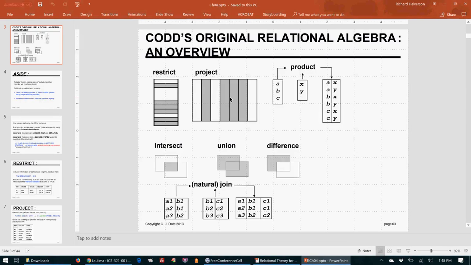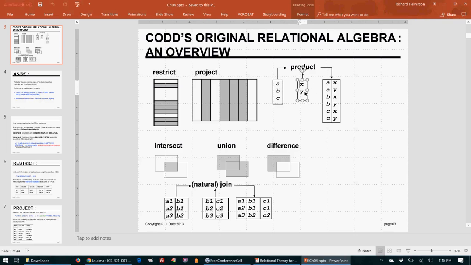That means you can have parentheses, and if you have two relations and some operator in between, those relations can be relations as we know them, or they can be expressions which produce relations. The reason we can do that is because of closure, so that's important. Product, we just take the cross product. We take a combination of all of the tuples in this one with all the tuples in this one.